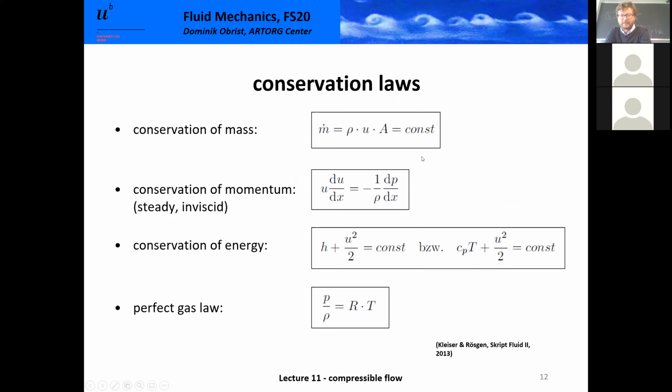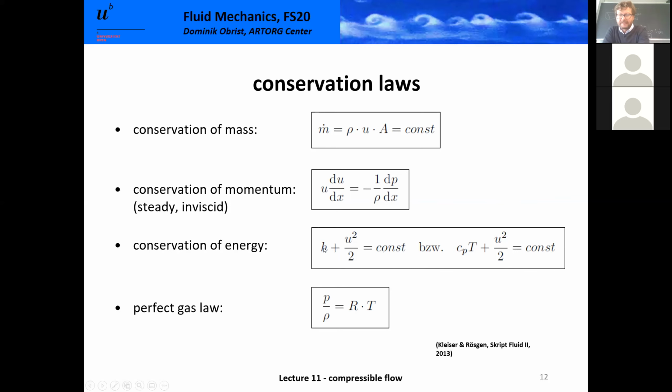In incompressible flows, we were done with these two equations. Now, in compressible flows, we need additional equations, and that is the conservation of energy. For the conservation of energy, we take the enthalpy H and add something which looks like kinetic energy, and that should remain constant.